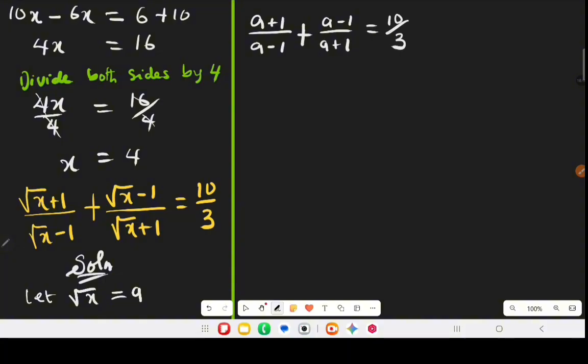We move further, we look for the LCM. LCM is when we multiply the two denominators. Then we will have a minus 1 into a plus 1.